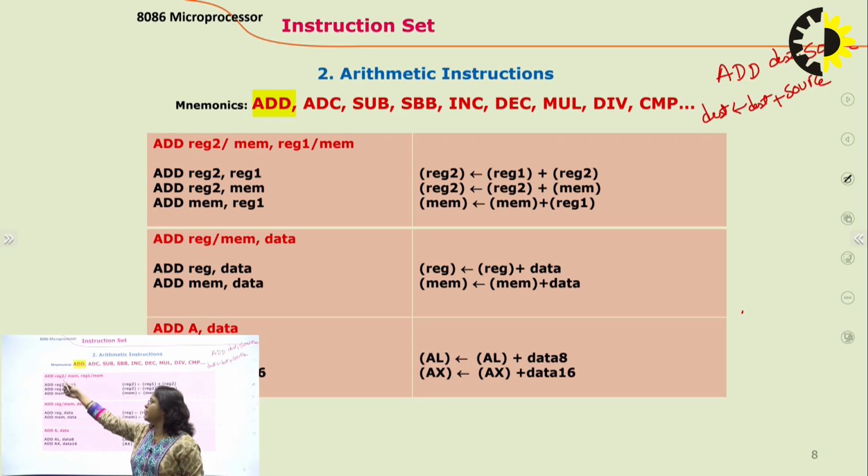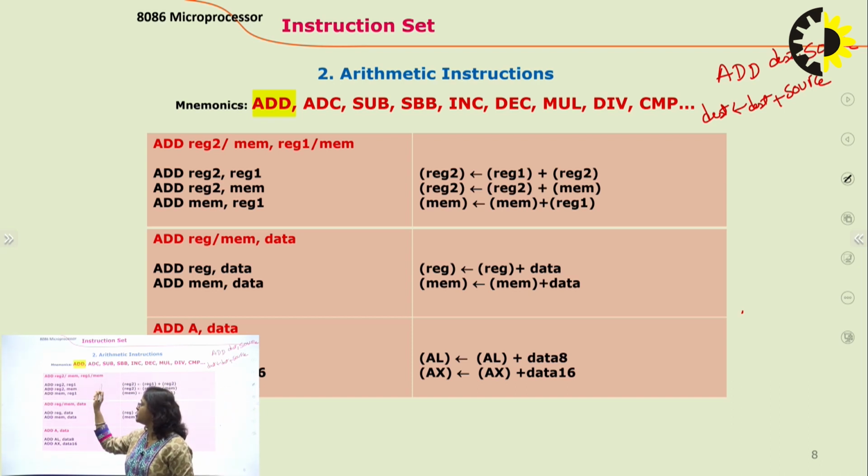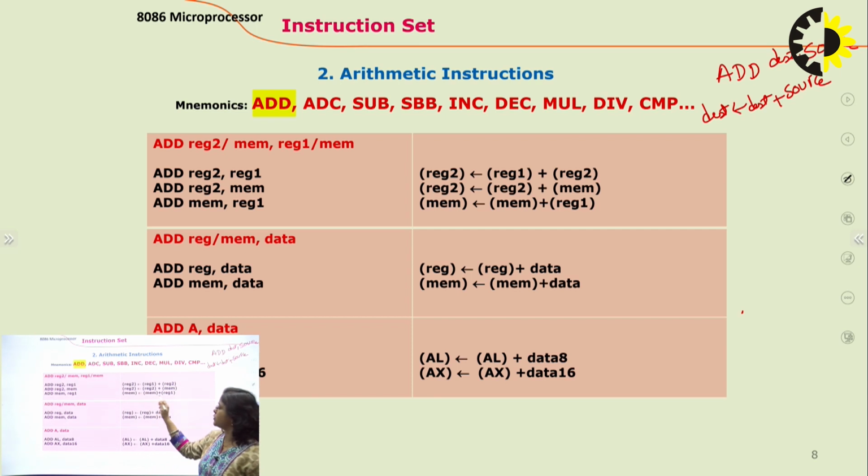So if we write ADD register or memory comma register or memory, this instruction simply adds these two values and copies the result into the destination operand.